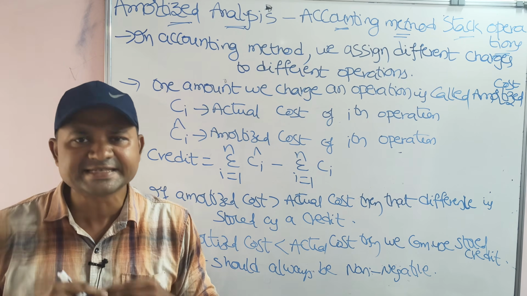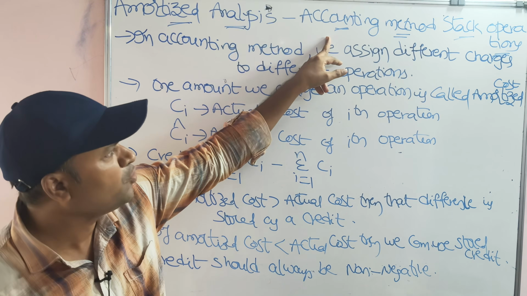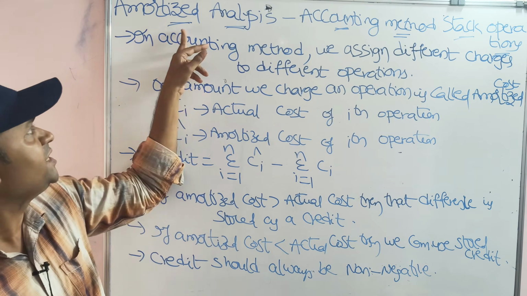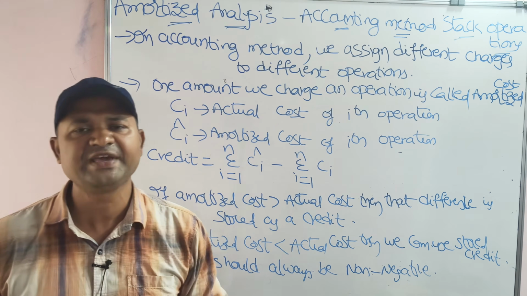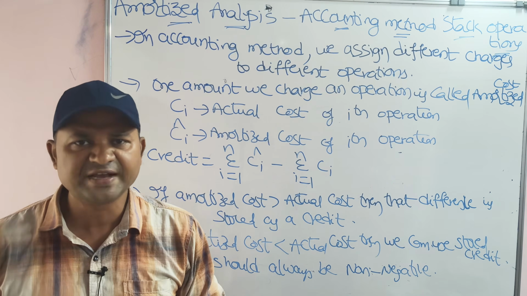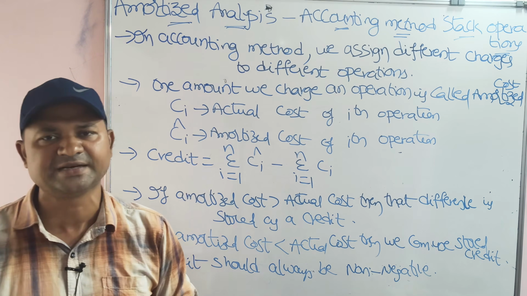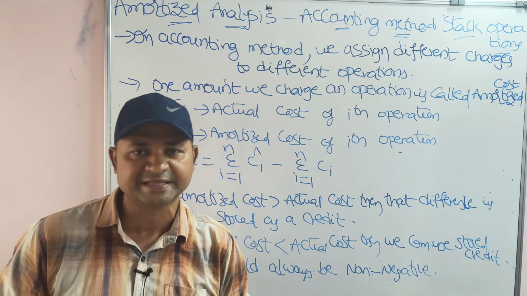Now let us discuss accounting method using stack operations. In amortized analysis, we have three methods. The first one is aggregate method. The second one is accounting method. Third one is potential method.